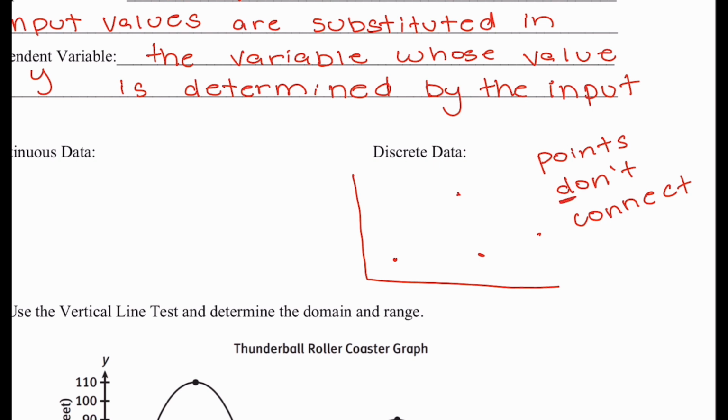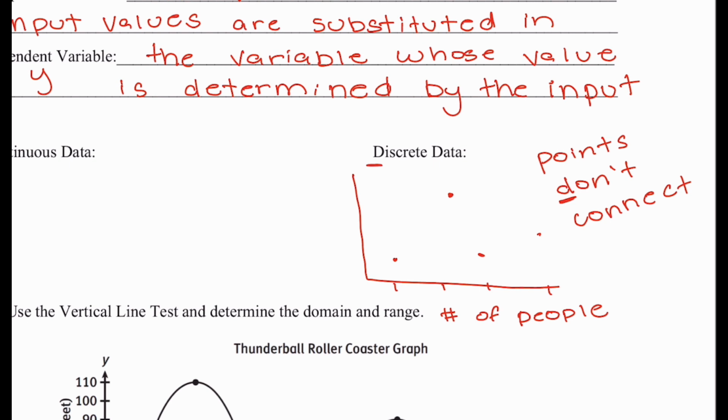So D for don't, D for discrete. The points don't connect. And we need this sometimes because if we're counting by a variable that can only have whole numbers, such as number of people, we can't connect our points because we can't have fractions of people. We can only have whole numbers of people.